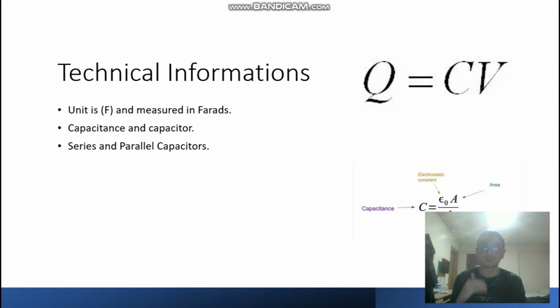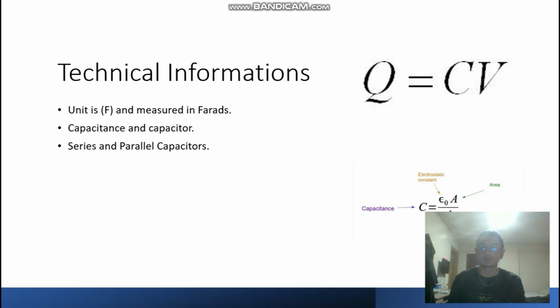It depends on the material you use in between the two plates. It can be increased or decreased if you use different materials as an insulator. And the distance between the plates also affects the capacitance. So that's the basic information for capacitor and capacitance.